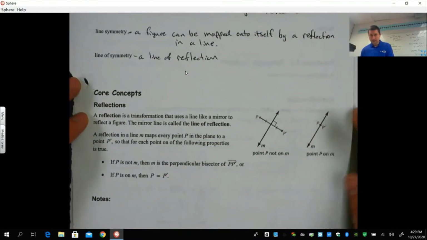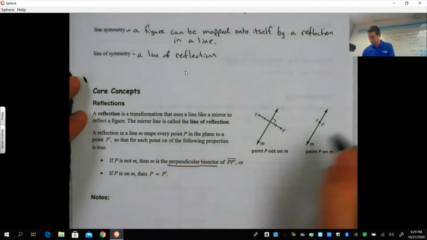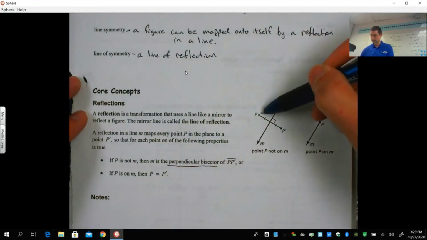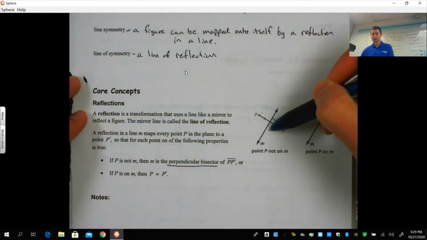Okay, down here at the bottom of page 99, there's that word perpendicular bisector, that if you take a point and reflect it over the line, the line is then the perpendicular bisector of the segment that joins those 2 points.